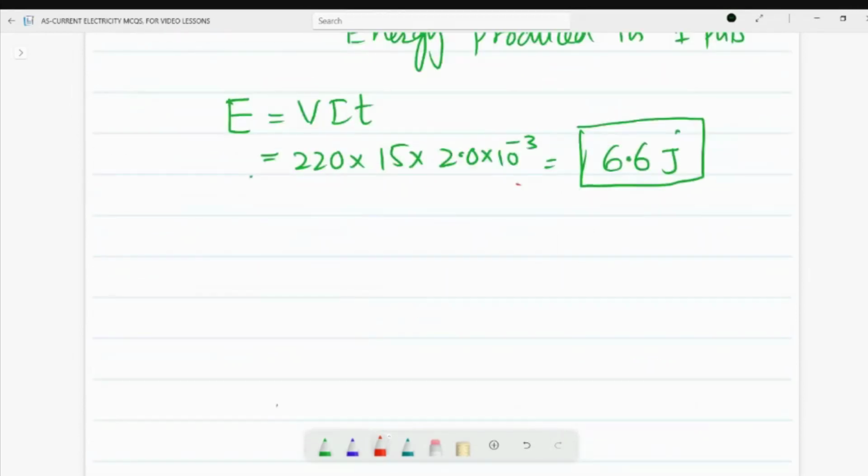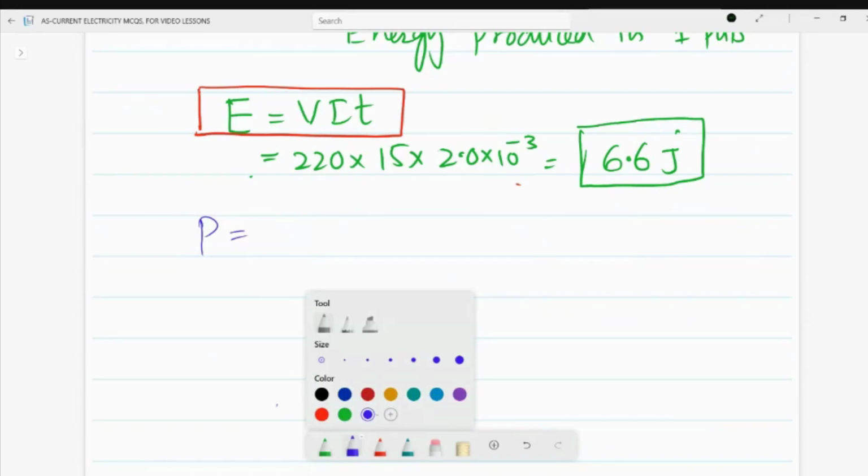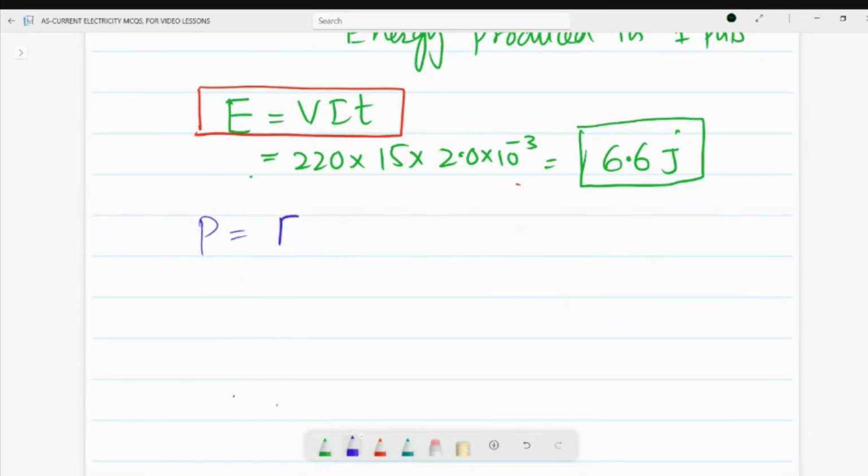Now, for power, what I have to solve is that power is equal to total energy divided by time.